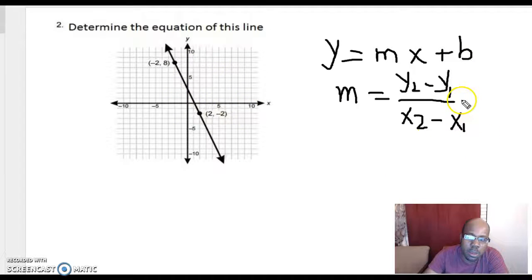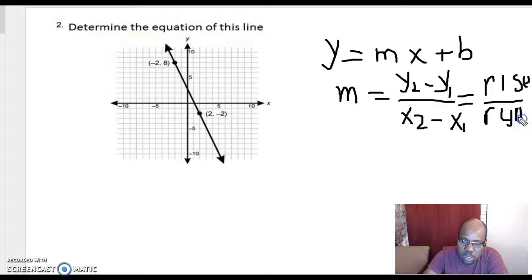When we say y2 minus y1, we can say it's the rise, over the run. The run is the difference on the x axis, and the rise is the difference on the y axis. So that's another way to find m: rise over run.